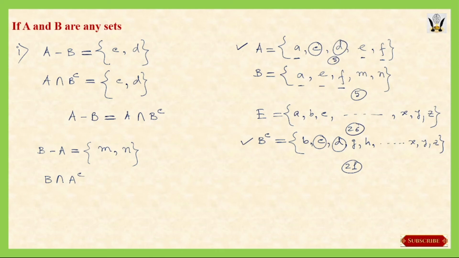So A complement means here what we will have, this new set with respect to this universal set, it will have all other elements other than these 5 elements from E. All the elements from E other than these 5 elements.